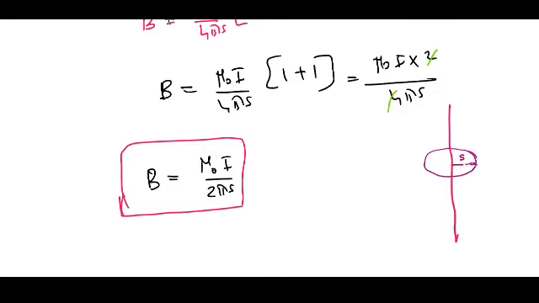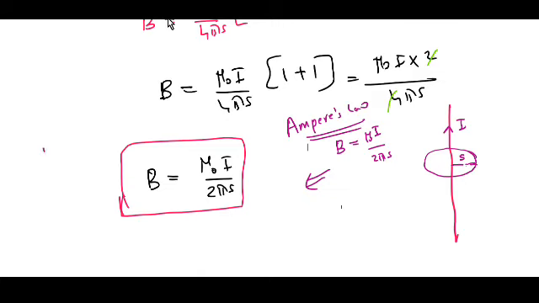You might have studied in the +2 class that the magnetic field, because of the current I through this wire, at a distance s is given by mu 0 I by 2 pi s. Both expressions are the same. This is from Ampere's circuital theorem, simply we can say from Ampere's law. This is from the Biot-Savart law.